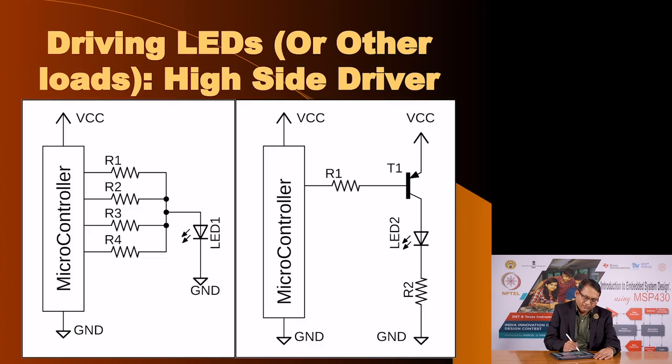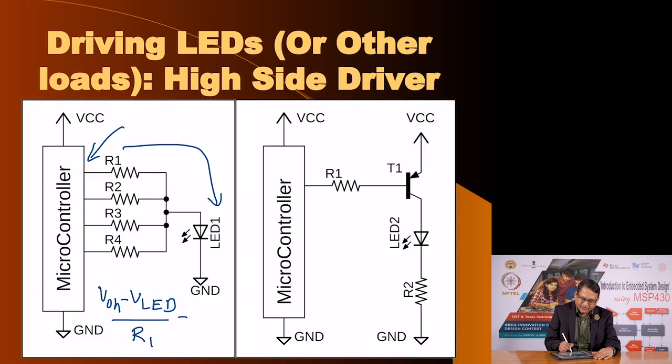The LED will be turned on whenever any of the inputs here is logic 1, and it would flow a current through the LED equal to the equations that we have previously seen, that is VOH minus VLED divided by the value of R, in this case say R1, will be the current through the LED.